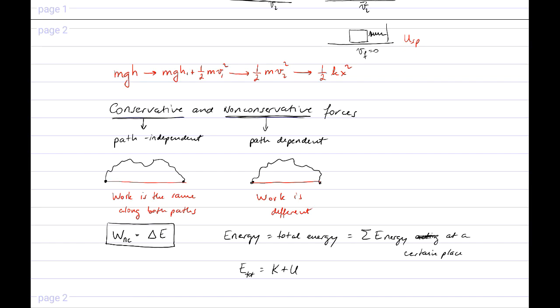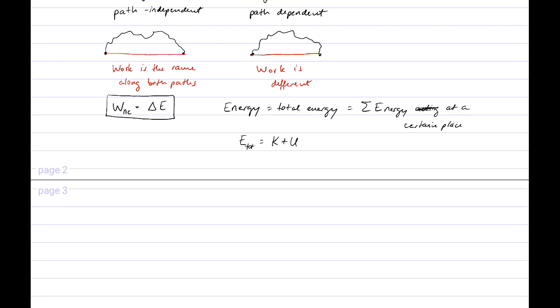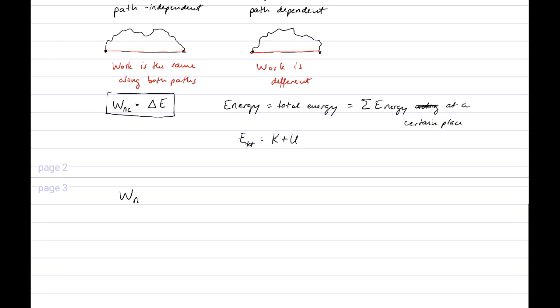Then work done by non-conservative forces would be final energy minus initial energy. So that would be kinetic energy final plus potential energy final minus kinetic energy initial plus potential energy initial.